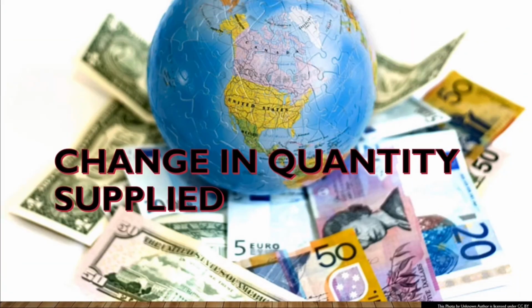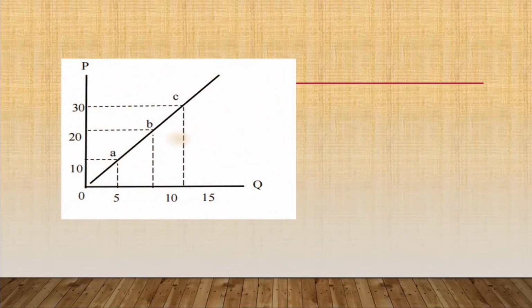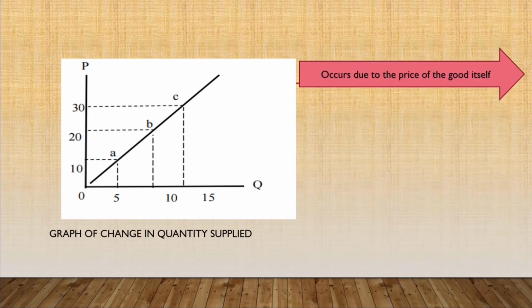Next is change in quantity supplied. This is an example of the graph of change in quantity supplied. Change in quantity supplied occurs due to the price of the good itself. As you can see, change in quantity supplied only involves movement along the supply curve.